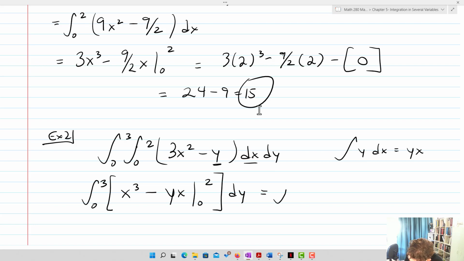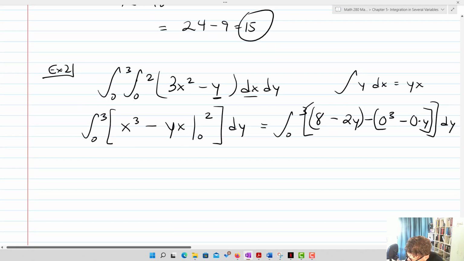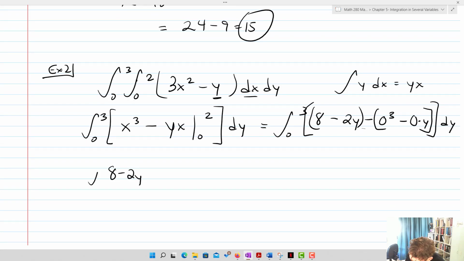Plug that in, and we get 0 to 3, and this gives me 8 minus 2y, okay, minus 0 cubed minus y times 0, which is just 0 again, and that's now dy. So this is just going to give me 8 minus 2y evaluated from 0 to 3, dy.